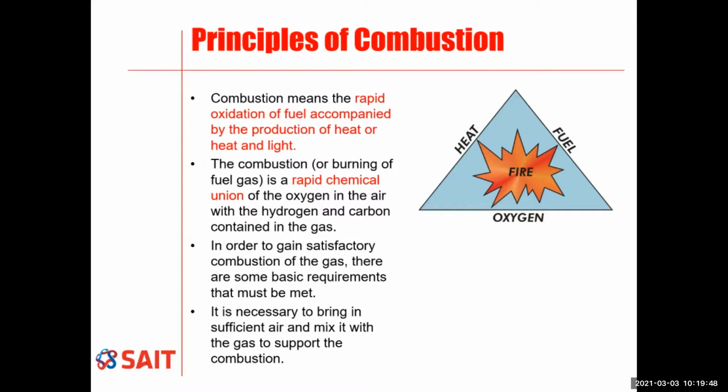So it's a rapid chemical union between the oxygen, the hydrocarbon, and then the heat. But in order to gain satisfactory combustion, basic requirements, we have to get the right mix.